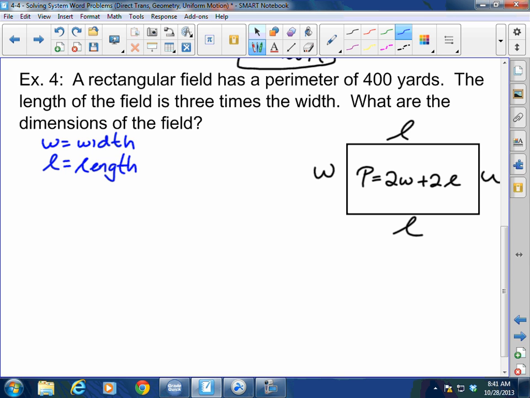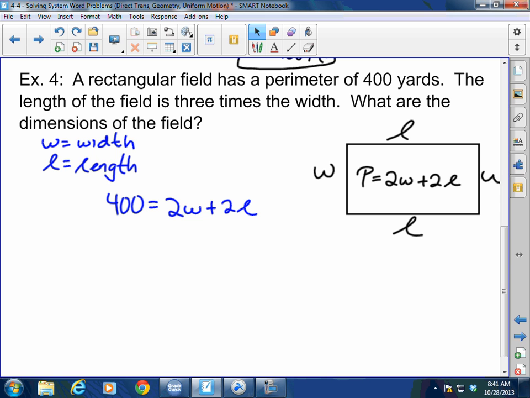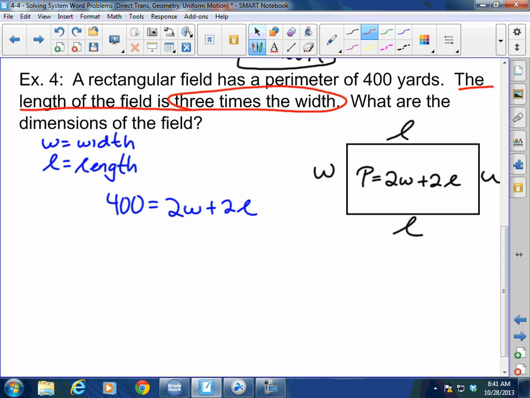So you're going to have 400, which is the perimeter, equals 2 times the width plus 2 times the length. You have your first equation. Second equation: the length of the field is 3 times the width. So the length, L, equals 3 times the width. Boom. I just set up my system.